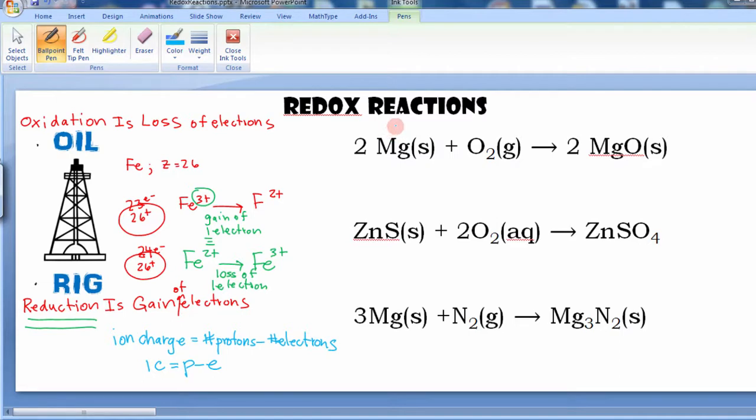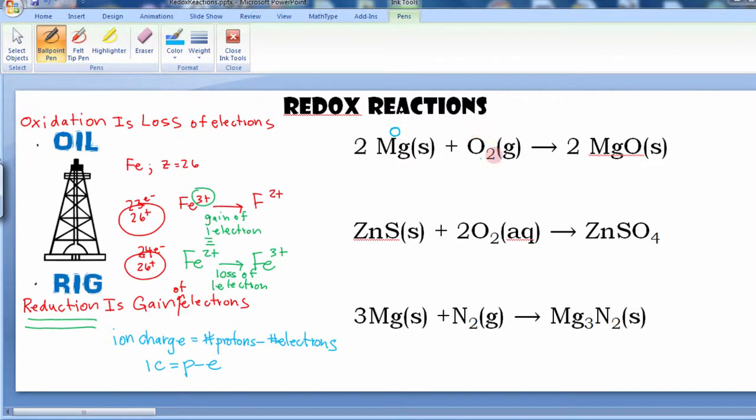So in order to do that, we must assign oxidation states of each atom in the chemical reaction. So let's get started. From the last video, the last topic, we remembered that what? The oxidation state for an element, an atom in its elemental state, solid magnesium, is 0.